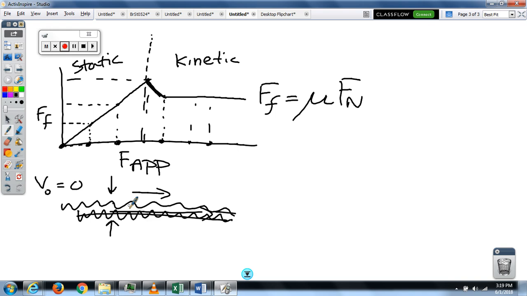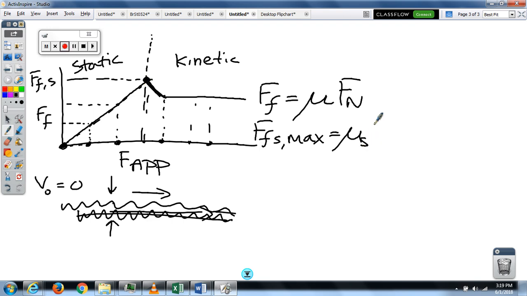Obviously, this static friction can range from anything from 0 all the way up to a maximum value. This value of friction here is called F_fs max, and that's equal to mu, the mu value that produces this large force here.